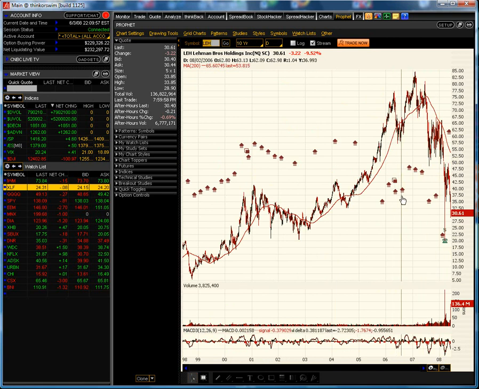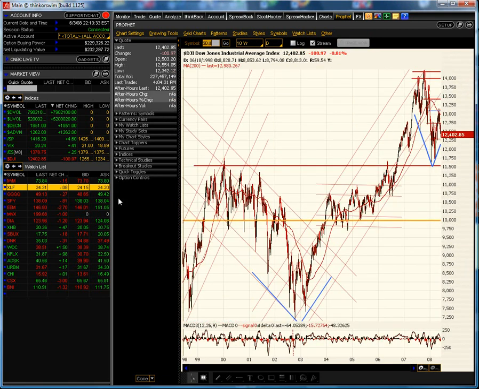So what else do I use to determine where a stock or an index, especially for our monthly income trades, how should you use some of these tools? Well, I've already shown you how I take a look at support and resistance points.